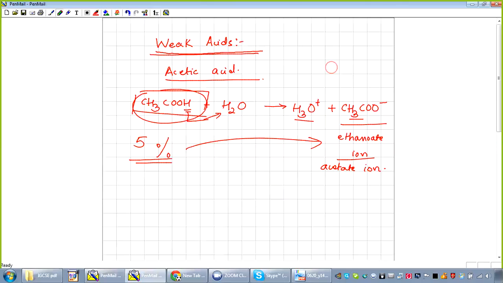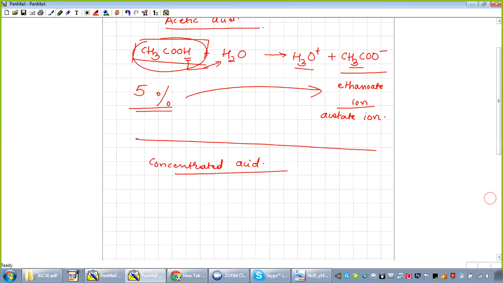Remember, there is a difference between strong acid, weak acid, and concentrated acid and dilute acid. Now I'll come to that part. What is a concentrated acid and what is a dilute acid? Concentrated without water, diluted with water? No, don't say without water. Concentrated acid, when you say, very less amount of water is there.